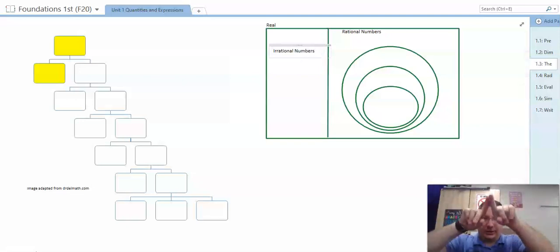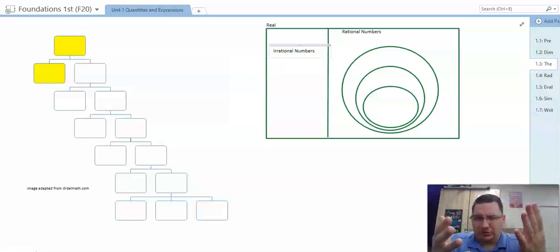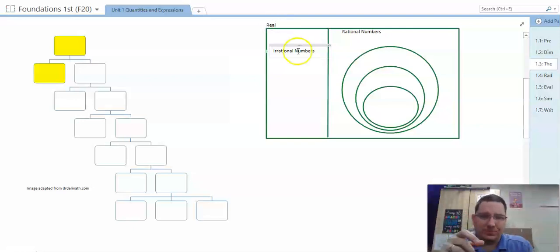Every real number, that's everything in the big box, will be able to separate into either a rational number or an irrational number. Now, under rational numbers, think about our definitions for a second. We said that all rational numbers could be written as the quotient or the ratio of integer values. And so all integers are going to be contained within the rational numbers, because we have to have those integers in there.